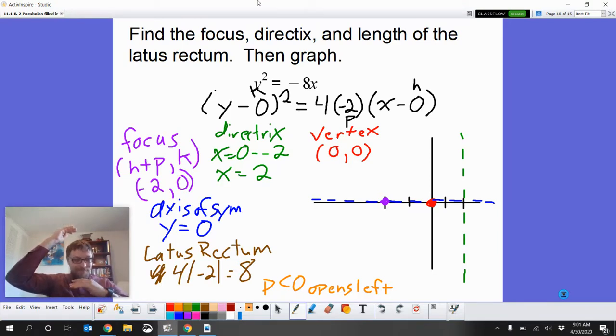So it should be up 4 and down 4 from our focus, not up 8 and down 8. You got to take the full latus rectum, cut it in half, and that's where your focus is going to be. So we're going to go down 4, 1, 2, 3, 4, and we're going to go up 4, 1, 2, 3, 4, and that'll be the two ends of our latus rectum.